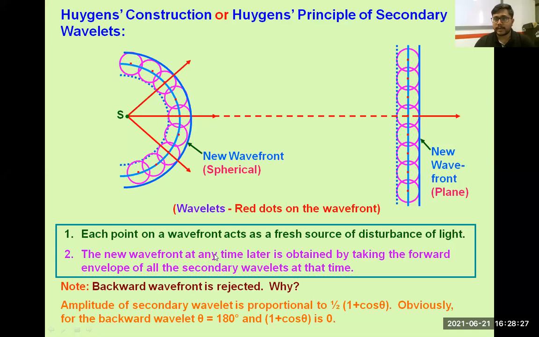So minus and plus, it will be 0. So the backward wavefront is rejected because its amplitude is equal to 0. Given by this equation, half of 1 plus cos theta, and cos 180 degrees is equal to -1. So putting the value here, this term will be 0. So that is why it is rejected.